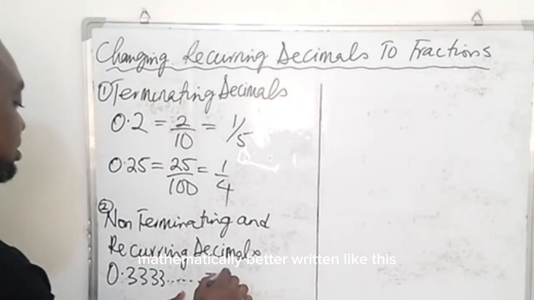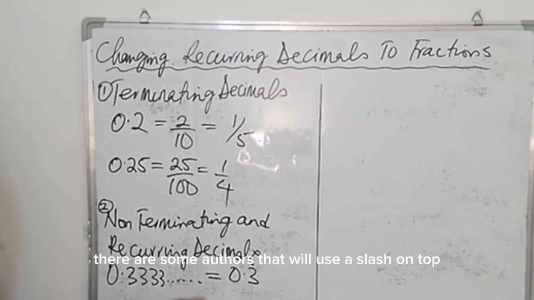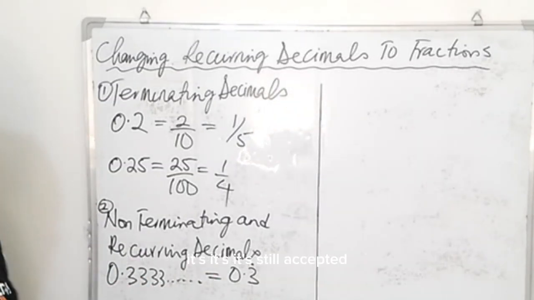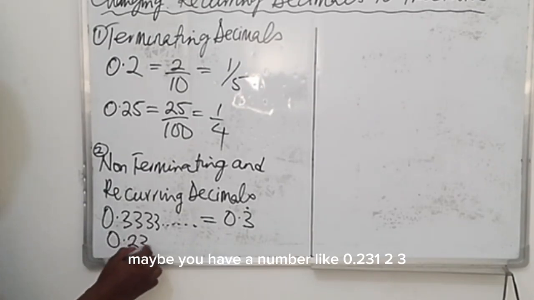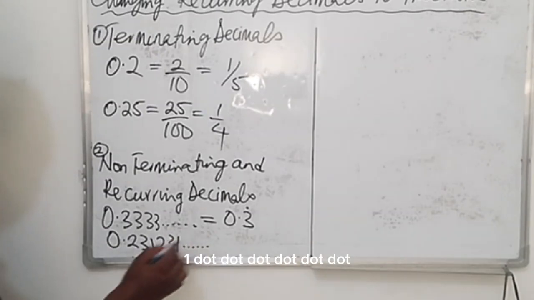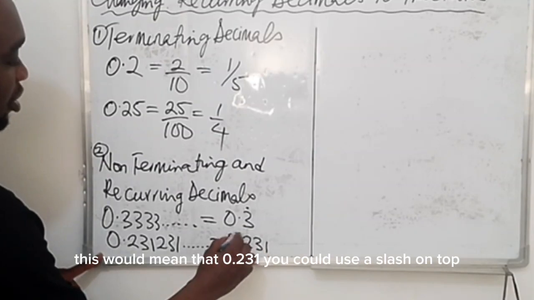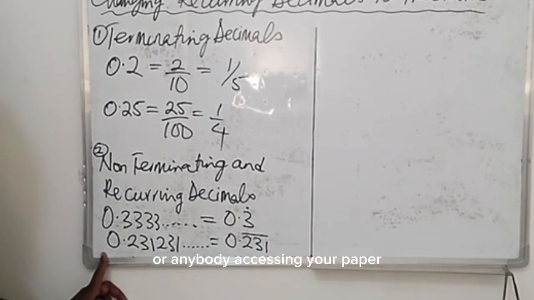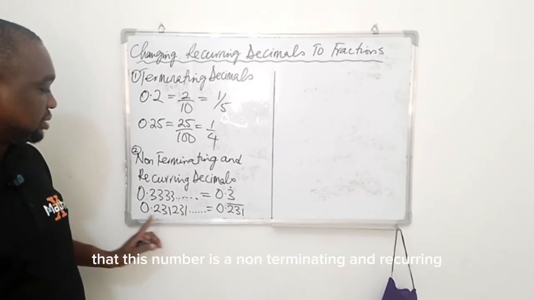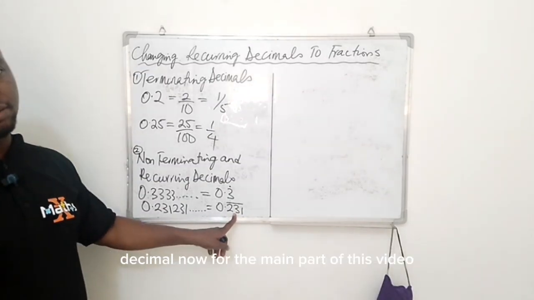Mathematically, it is better written like this: 0.3 with a dot on top. Some authors will use a slash on top, which is still accepted. Maybe you have a number like 0.231231 dot. This would mean 0.231 with a dot or slash on top. This will tell your examiner or anybody assessing your paper that this number is a non-terminating and recurring decimal.